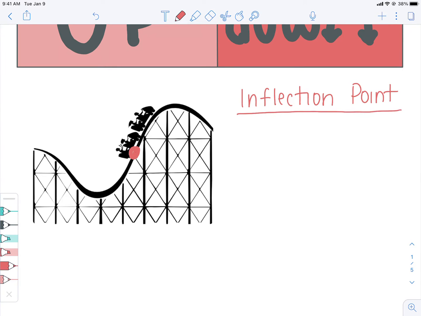And your inflection point, mathematically, is a point on the graph where the graph is changing concavity.